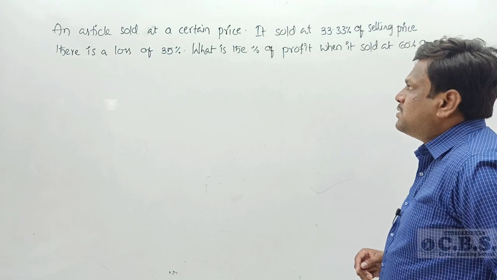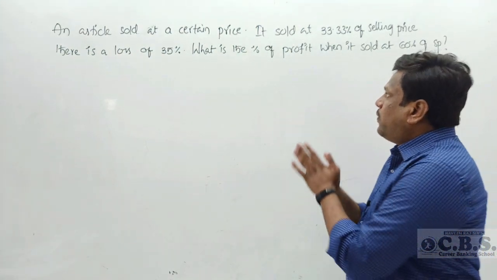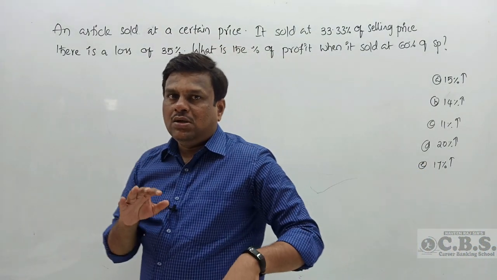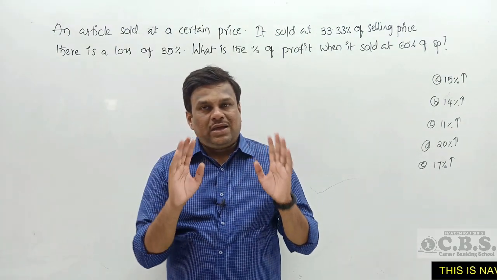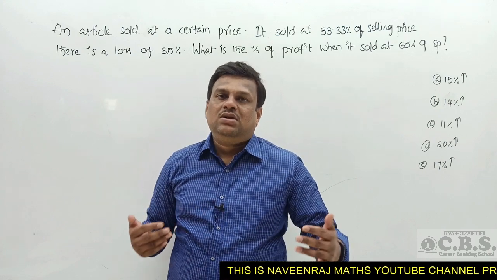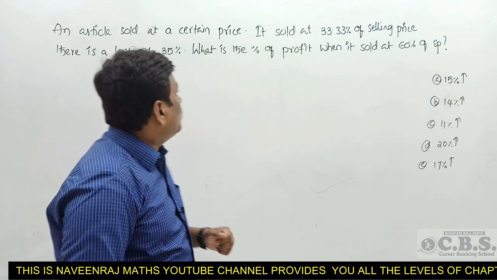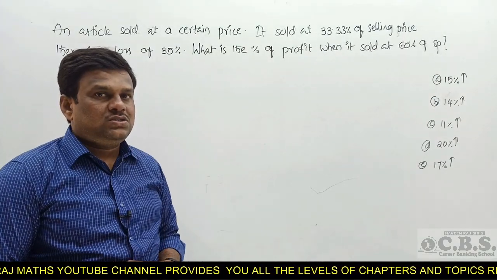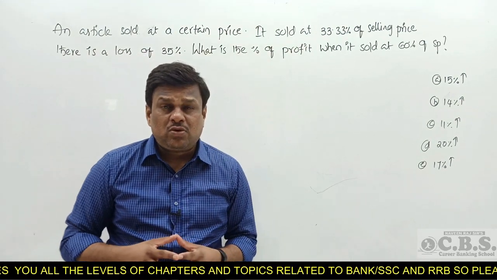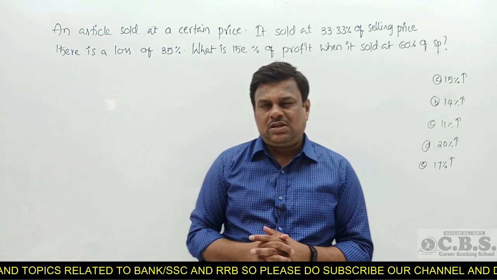An article is sold at a certain price, so we don't know the selling price of the article. Say the actual selling price is X. Selling at 33.33% means 1/3 of X, 1/3 of the selling price. When he sells at 1/3 of the selling price, he gets a loss of 35%. Find the percent of profit when he sells at 60% of the selling price.